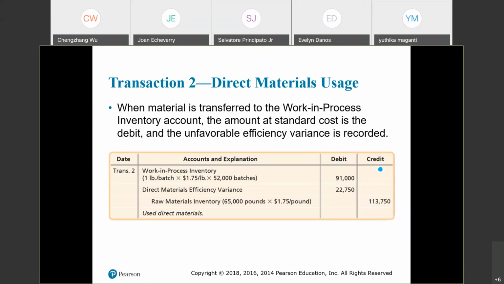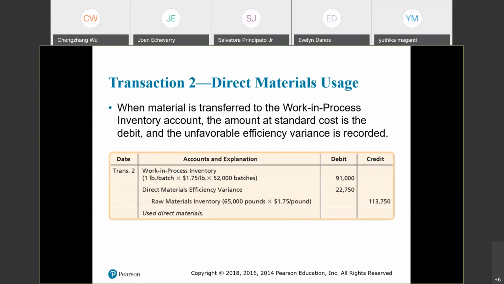Well, this transaction is used to look at the efficiency variance of direct material. Cheerful Colors debits work in process inventory for the standard cost of 52,000 pounds of direct material that should have been used to make 52,000 batches.